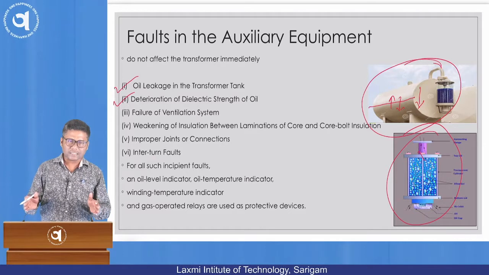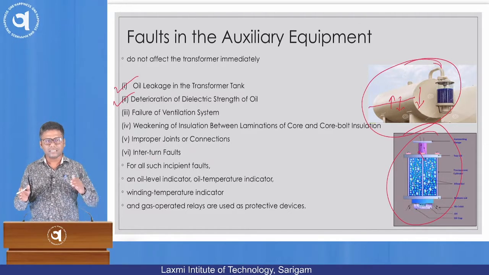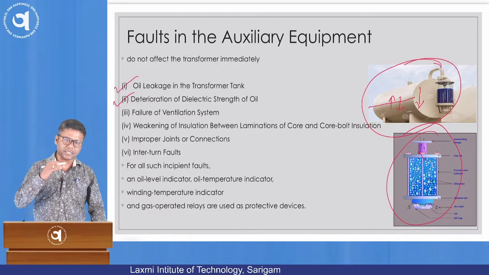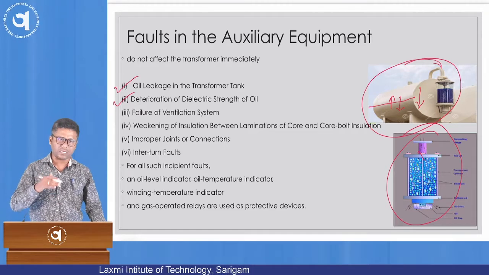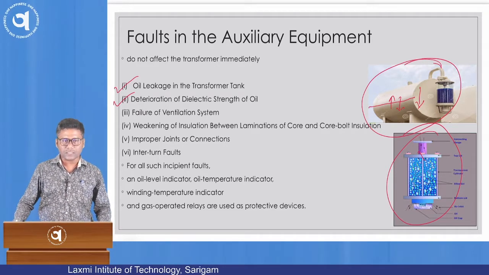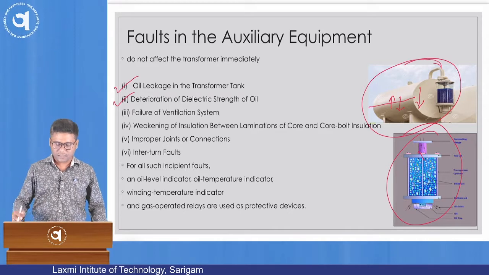Generally, transformer tanks are fully filled with oil, and these conservator tanks are half filled with oil, and that allows the variation in the load, and so the variation in oil level. If the oil level changes due to load changes, that will not impact the overall transformer performance.